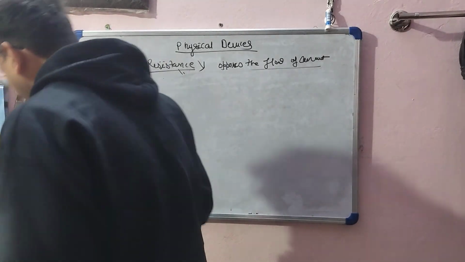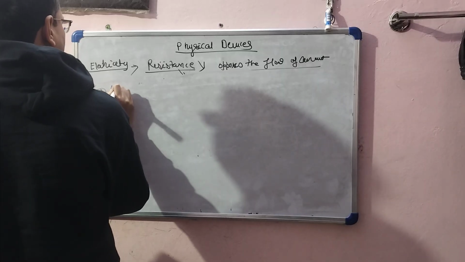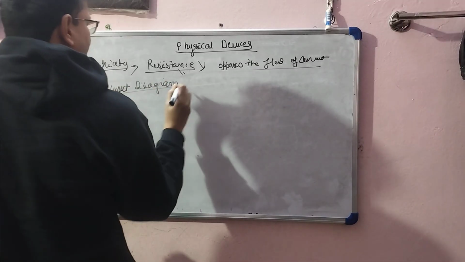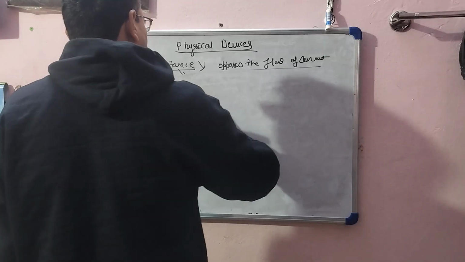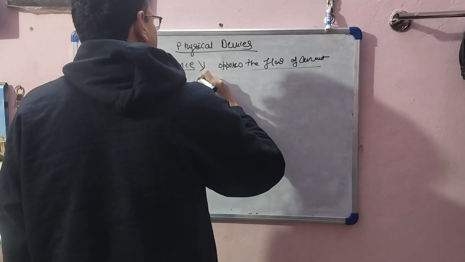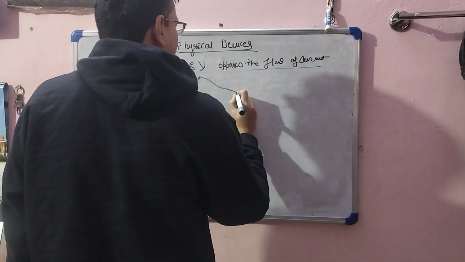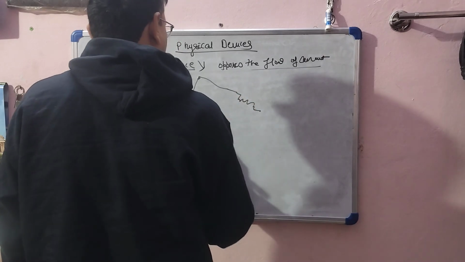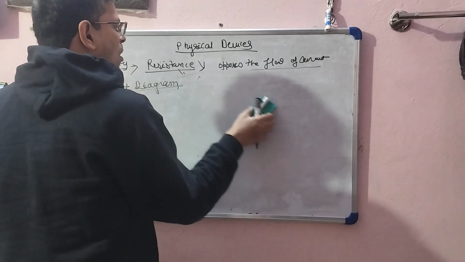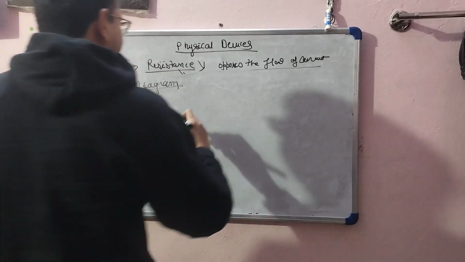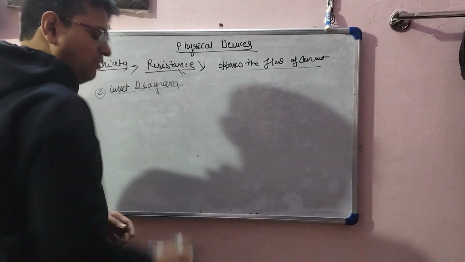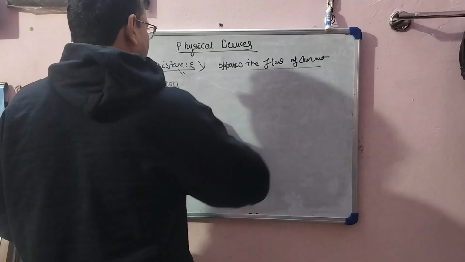Second point is the circuit diagram. What is the circuit diagram? It is a diamond shape.